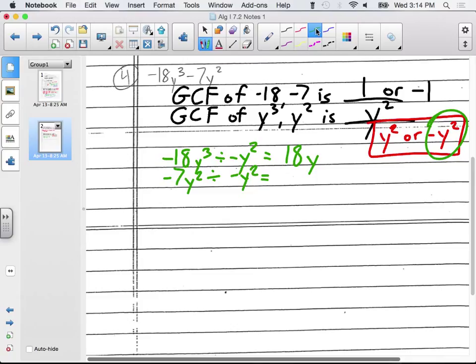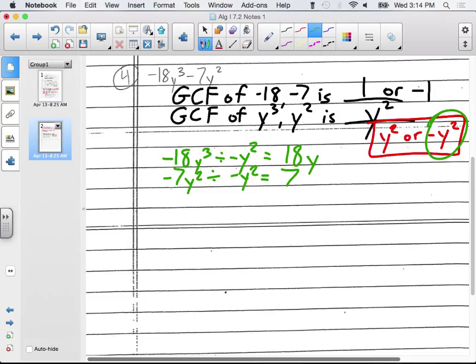All right. Negative 7y squared divided by negative y squared. That's 7, because a negative divided by negative is always positive. So it will be negative y squared, and then in parentheses, 18y plus 7.